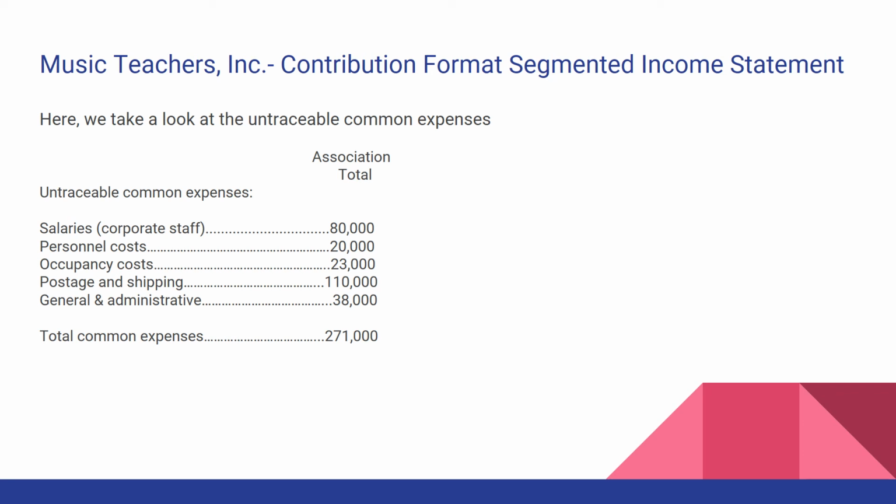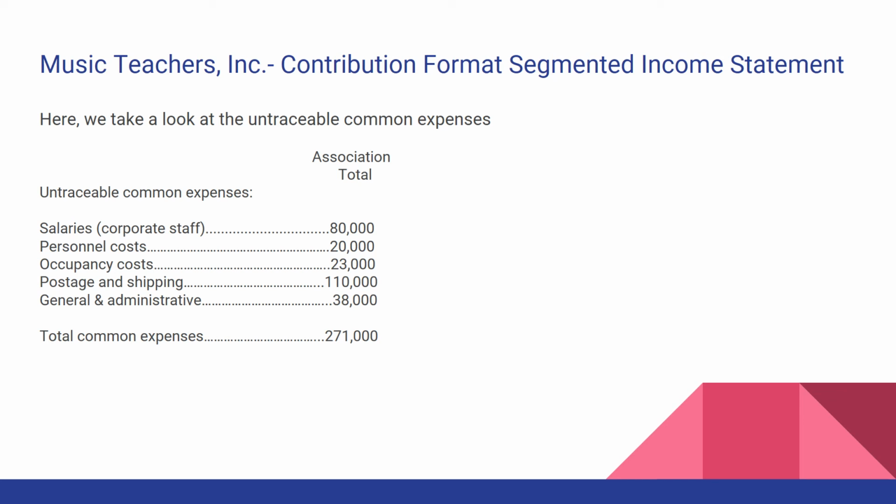Occupancy costs, as we talked about earlier, are based on the amount of square feet that the corporate staff takes up, which is 1,000 square feet. So we're going to take 10% of that 230,000 total that we talked about earlier for occupancy. So that's how we get the 23,000. Postage and shipping, I mentioned earlier that the corporate office does some mailing of materials for general administrative purposes.